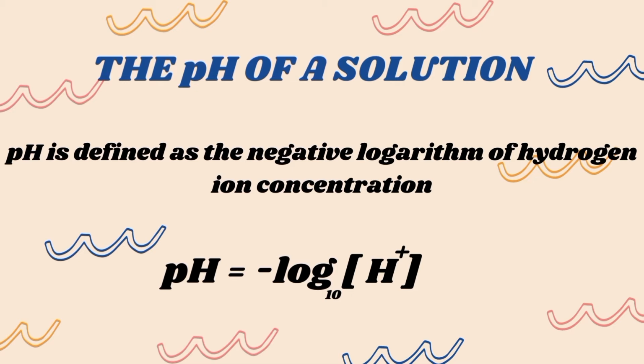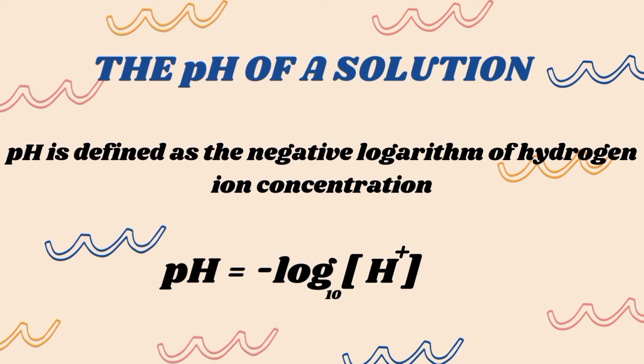It can equally be defined as a measure of the concentration of hydrogen ions in solution, or a measure of the alkalinity or acidity of a solution. So you take note of that. That is the definition of the pH of a solution. Take note of the formula you can see on your screen, because we'll be using that to solve for the pH of a solution.